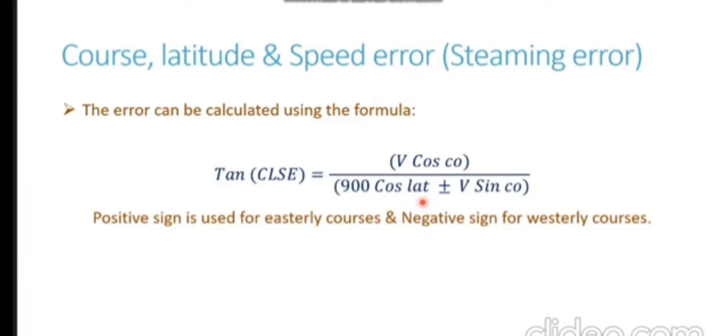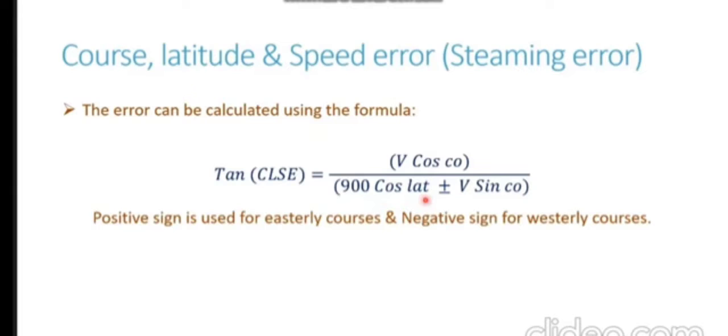We know at the equator the earth is taking us in the easterly direction at a speed of 900 miles per hour or 900 knots. And at any particular latitude, if you want to calculate the speed with which the earth is taking us in space because of the rotation of the earth, it is given by 900 cos latitude.